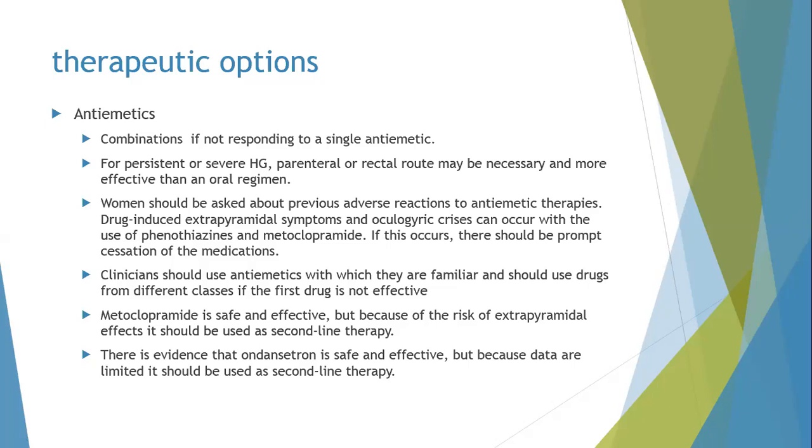They should be asked about previous adverse reaction to antiemetic, like drug-induced extrapyramidal effects and oculogyric crisis. These can occur with metoclopramide and phenothiazine, so we should ask about them. As we will see, metoclopramide we don't use as first line. We use it as second line because of the extrapyramidal manifestation, and it is exaggerated with pregnancy.